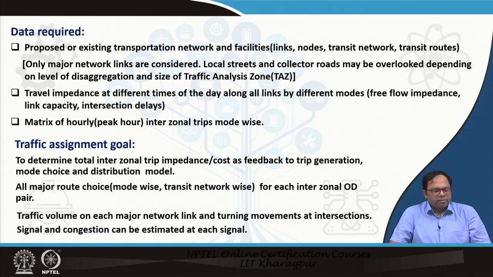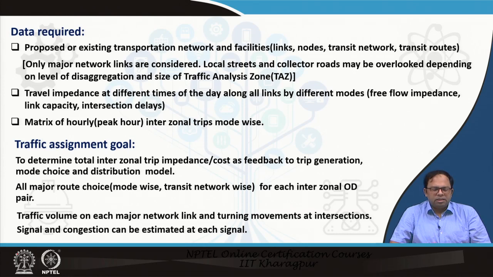So finally, the traffic volume on each major network link and the turning movements at intersections are also required. That means once we know the route choices, we will assign our traffic volume on each of these major network links, and when we do that, we will also get the turning movements at intersections.